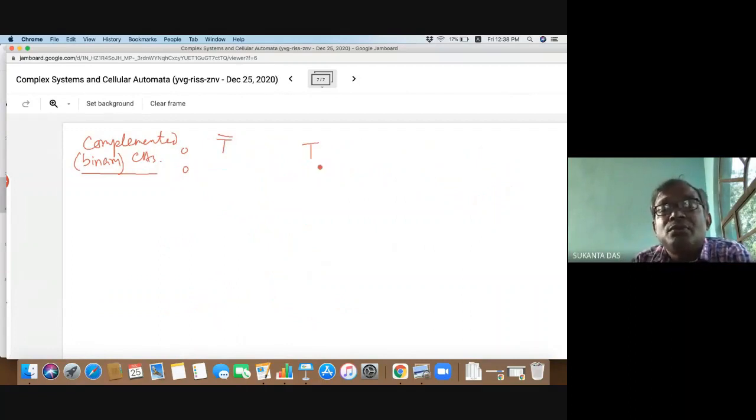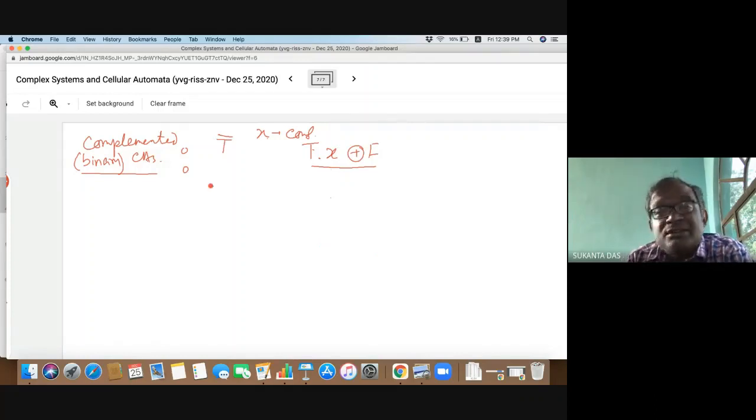Now, when an F vector and T matrix are given, how can I get the next configuration of a configuration X? Suppose X is my configuration. You have a T matrix, so you multiply X with T, then XOR with F. If you do so, this will give you the next configuration of X of a complementary CA.